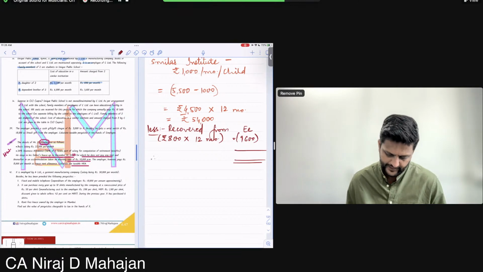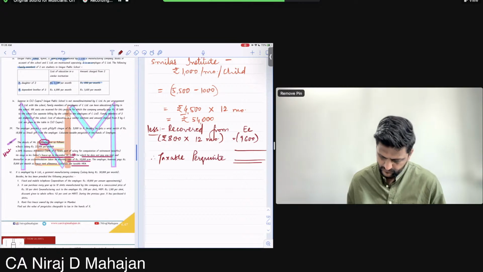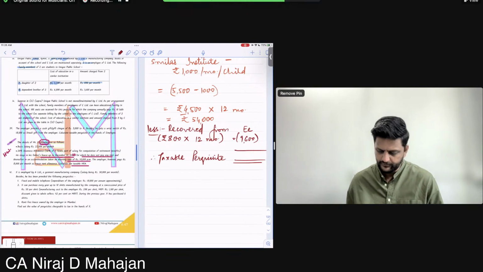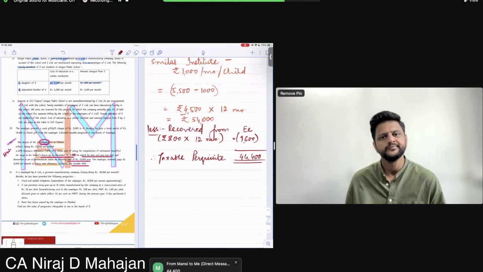Therefore, taxable perquisite is 44,400. Fine.